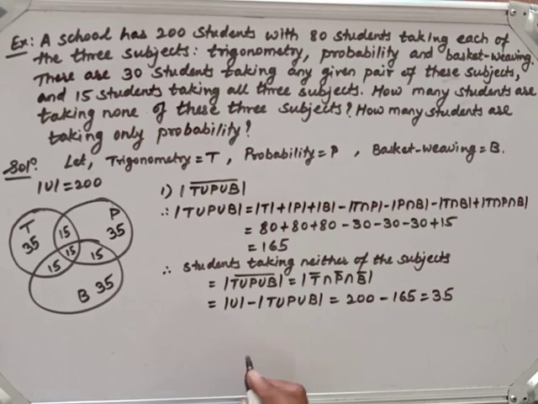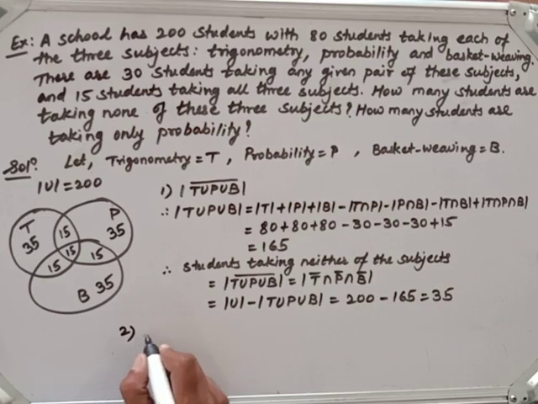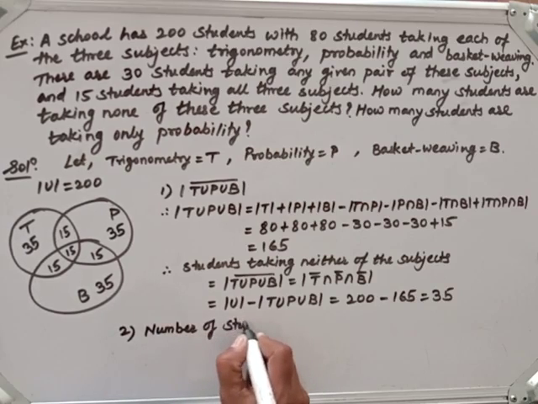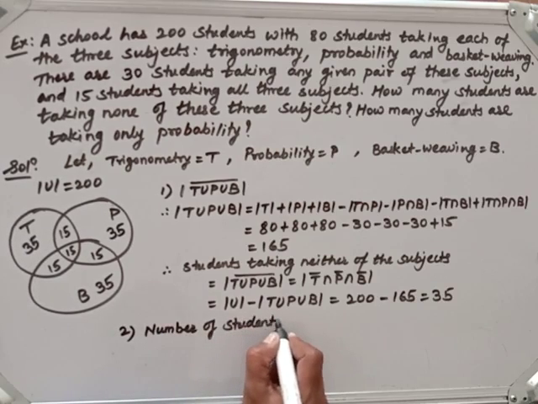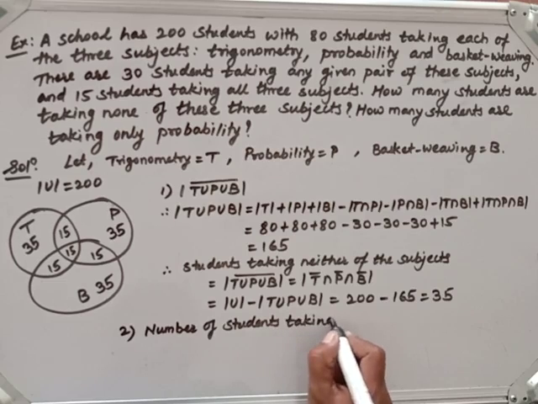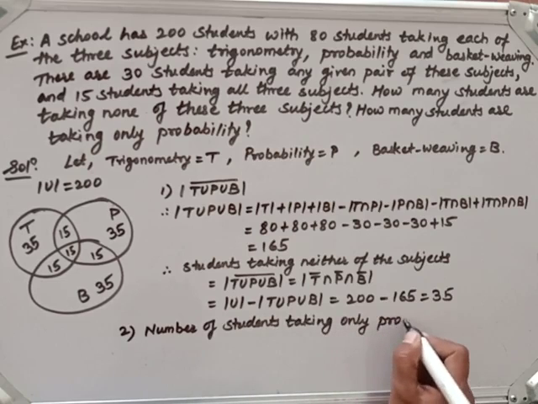Now the next part, second part is what? The number of students who take probability only. So number of students taking only probability.